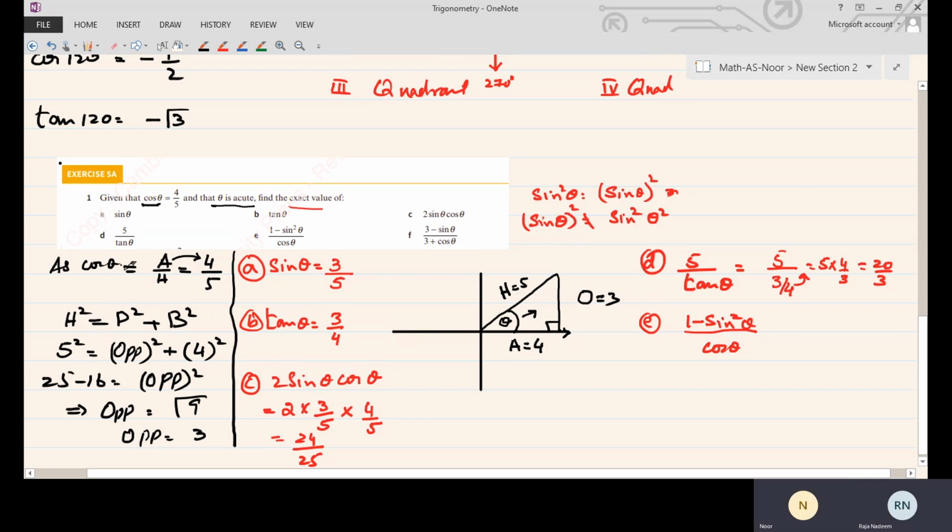So sine square theta is equal to sine of theta whole square, and you can say that the power would be the power of the trigonometrical ratio, not the power of the angle.